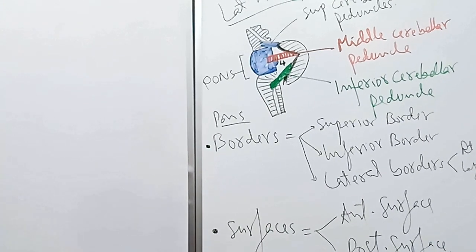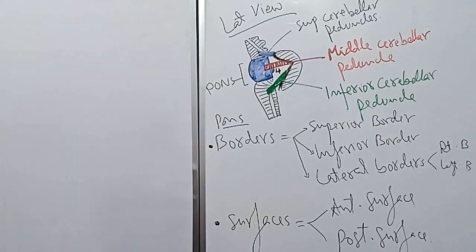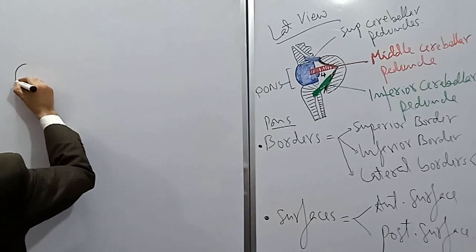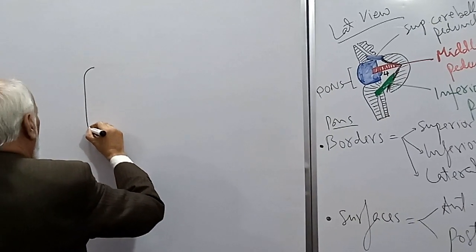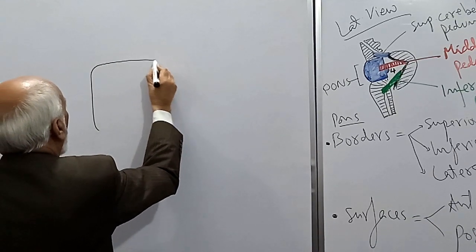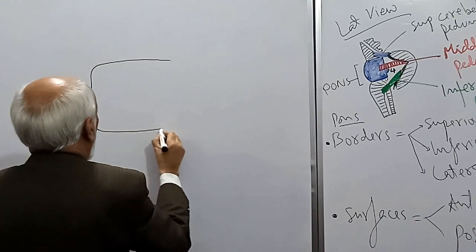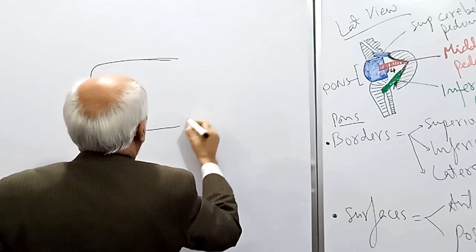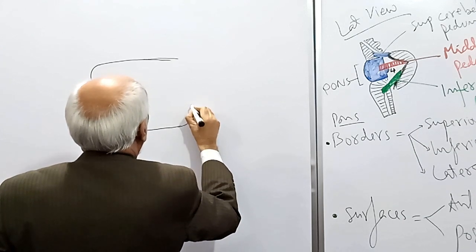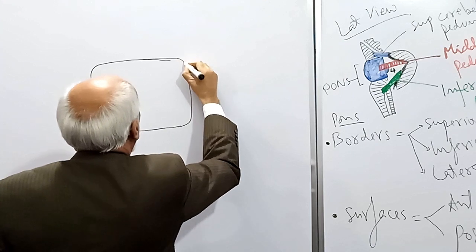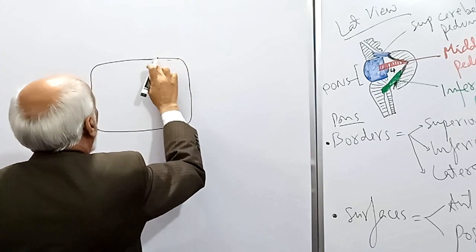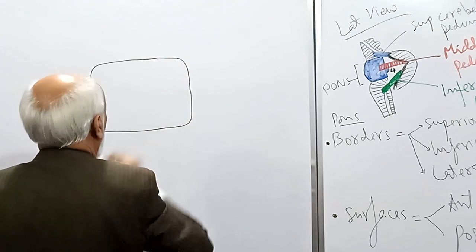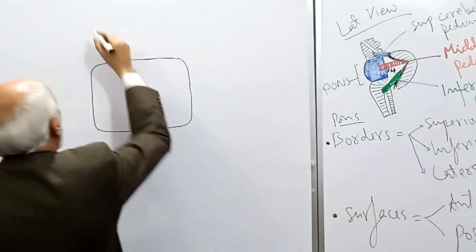Now we will first describe the anterior surface of the pons. Above the pons is the midbrain.